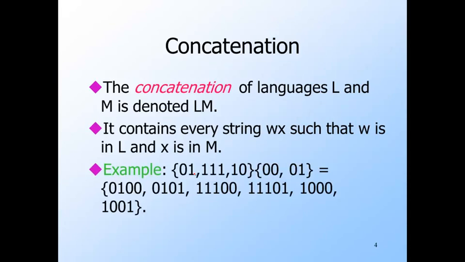We are, in effect, multiplying the two languages. That is, we'll take 01 from the first language, and we can concatenate it with 00. That gives us 0100. We could also take 01 again, concatenate it with 01, and that gives us that. Then 111 concatenated with the two strings here gives us these two strings in the result. And 10 concatenated with 00 and 01 gives us the final two strings in the result.